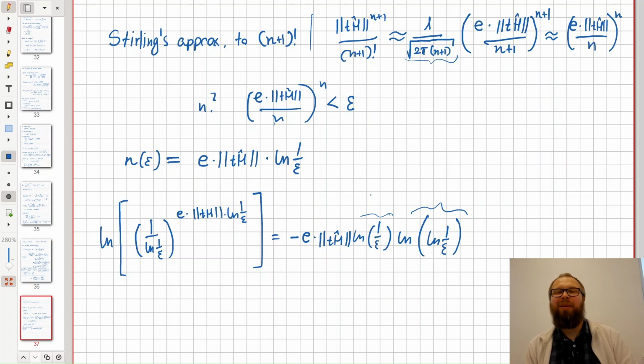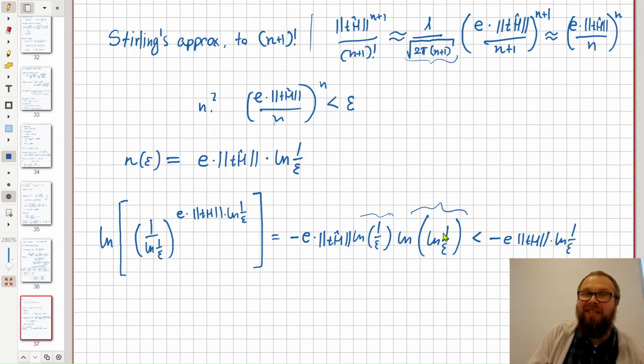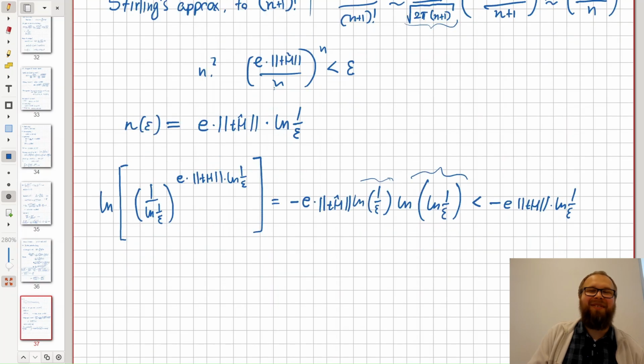So to increase this number, I can write that this is smaller than minus e th times logarithm of 1 over epsilon, right? I just got rid of this guy, which was a big number, so it made this more negative. So when I just throw away this guy, I get a less negative number. So the inequality goes in this way. Mind bending, maybe.